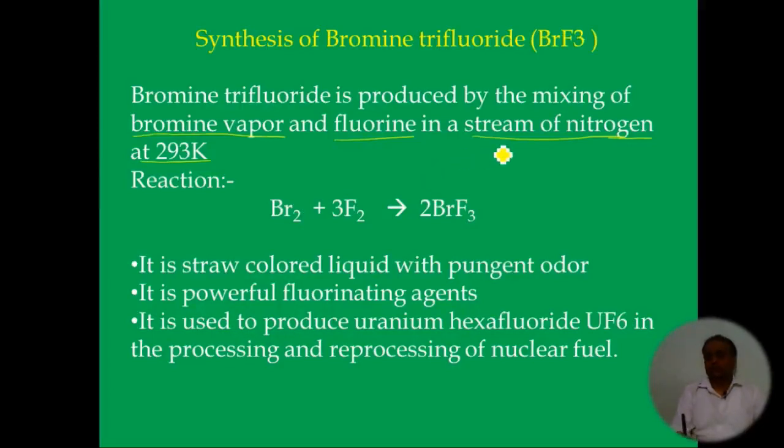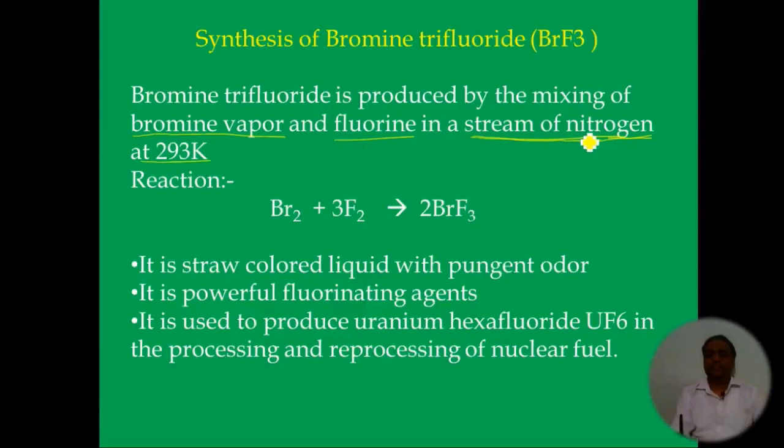Now, why do we use a nitrogen stream? Because nitrogen is an inert gas. So to avoid any contamination or any attack of molecular oxygen from the air, we use nitrogen gas.